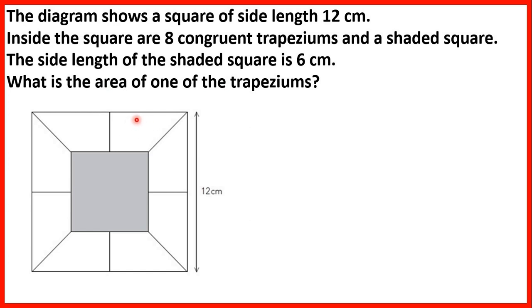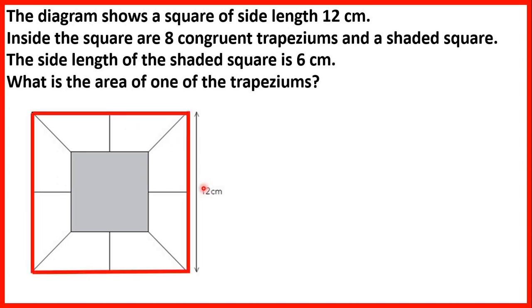So to find the area of one of these trapeziums, what we can do is find the area of the larger square, then subtract the area of the shaded square, and that will give us the area of 8 trapeziums. And if we know the area of 8 trapeziums, we can find the area of 1 by dividing by 8.